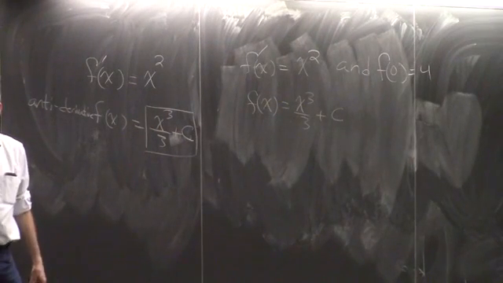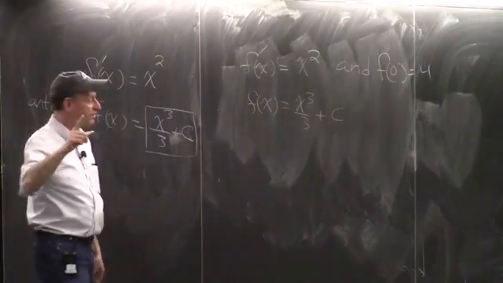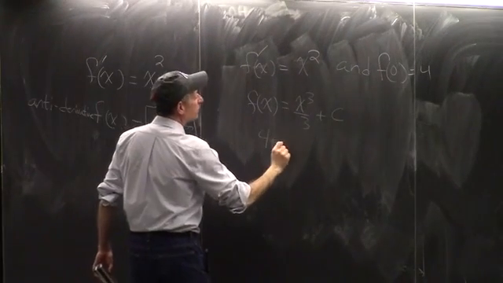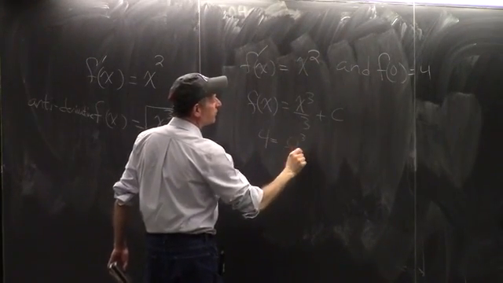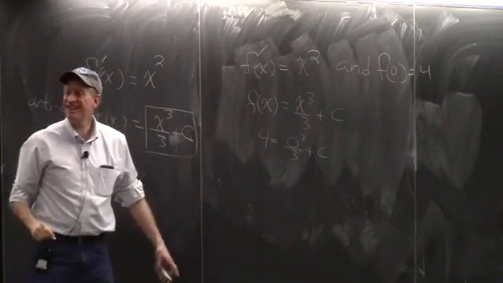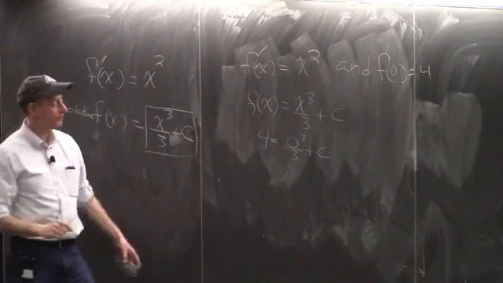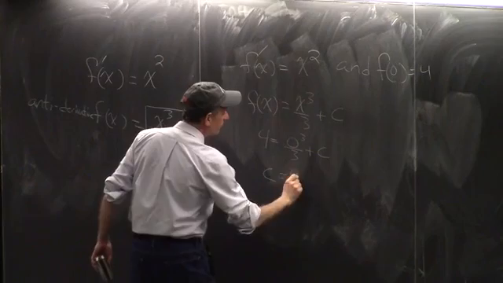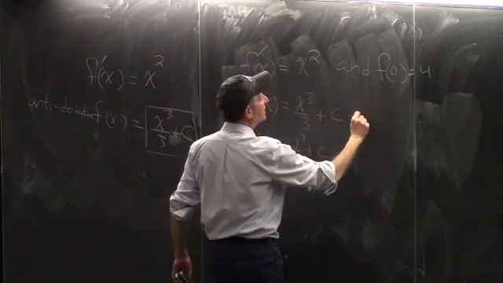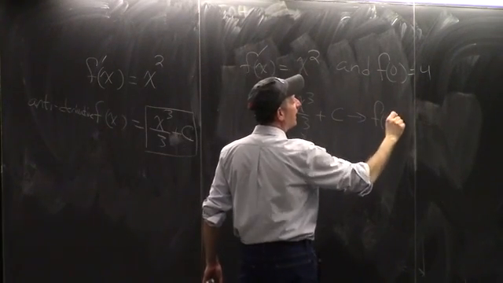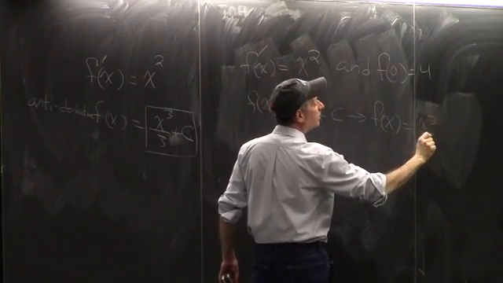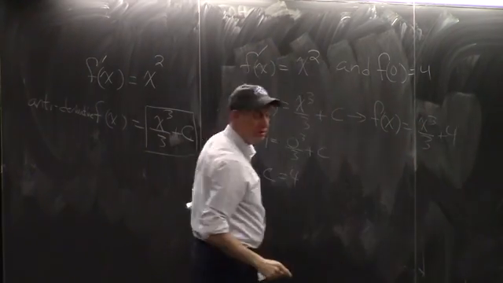And I know that when x is 0, y is 4. So 4 is 0 cubed over 3 plus the constant. The constant must be 4. So now I can say the real function is x cubed over 3 plus 4.